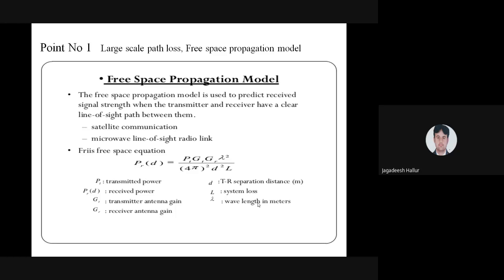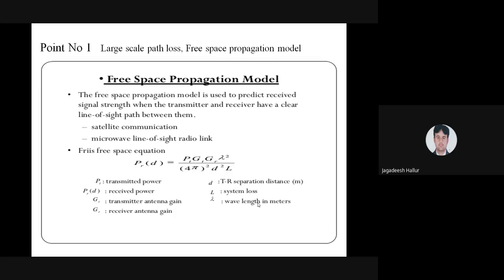It applies when the transmitter and receiver have a clear line of sight between them, so we'll get a better quality of service and a better signal at the receiver end.